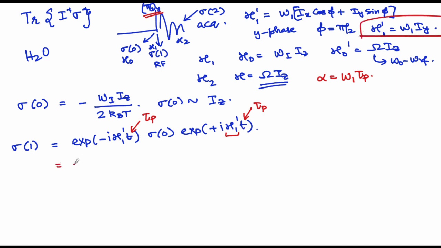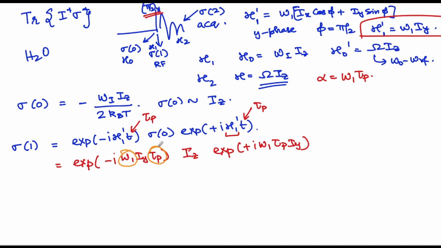So let me rewrite this for you: exp minus i omega 1 Iy times tau p, sigma 0 is Iz, exp plus i omega 1 tau p times Iy. And omega 1 times tau p is alpha. So this can be rewritten as exp minus i alpha Iy times Iz exp plus i alpha Iy.